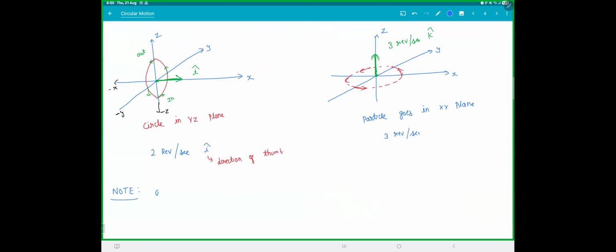Now, if a particle completes one revolution, be careful, linear displacement is 0. Now, we will not call it displacement anymore. We'll call it linear displacement because there's a confusion now. So if you complete a circle and come back, linear displacement is 0. But angular displacement is not 0. Angular displacement is 2 pi.